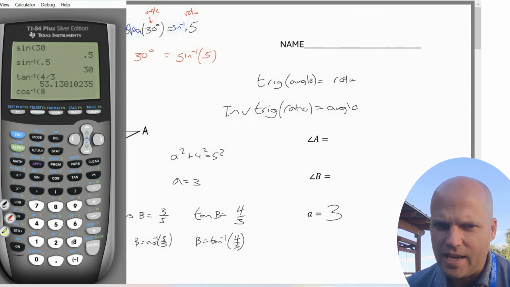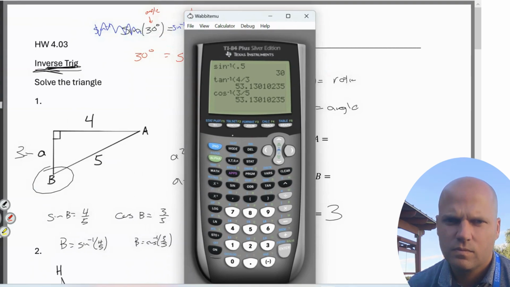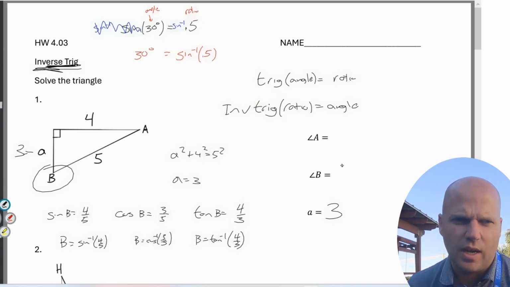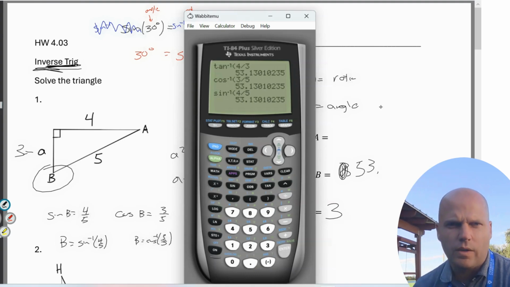If you type in any of these ratios, you will get the same results for your angle. See? So that's B. B is 53 degrees. We're going to say it's 53.130 dot, dot, dot.